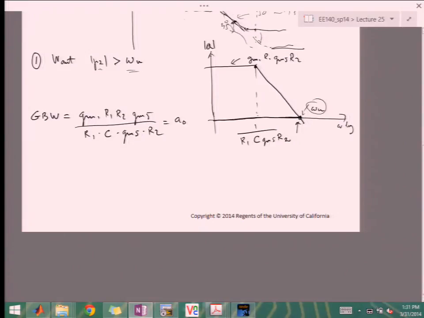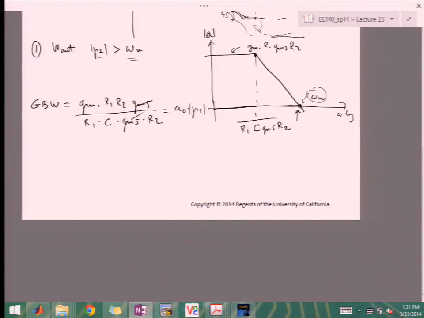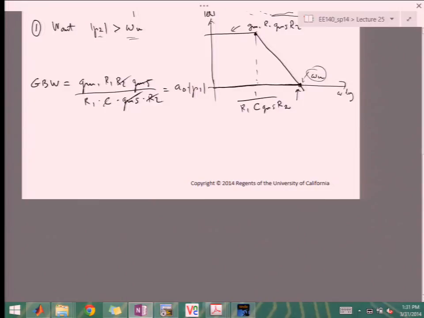So this was A0 times pole 1, right? That was my gain bandwidth. So take a look at this. GM5 goes away, R2 goes away, R1 goes away. And this really ends up being GM1 over C.